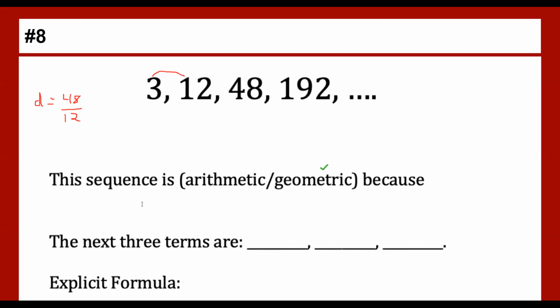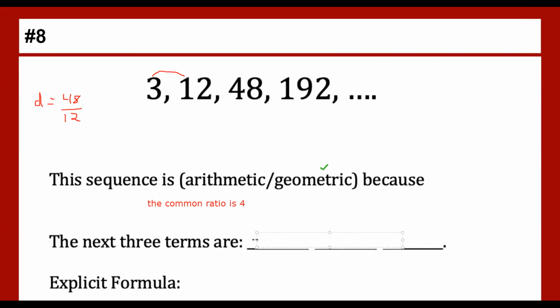And that means that I have a common ratio of 4. So the common ratio is 4. So what are the next 3 terms?